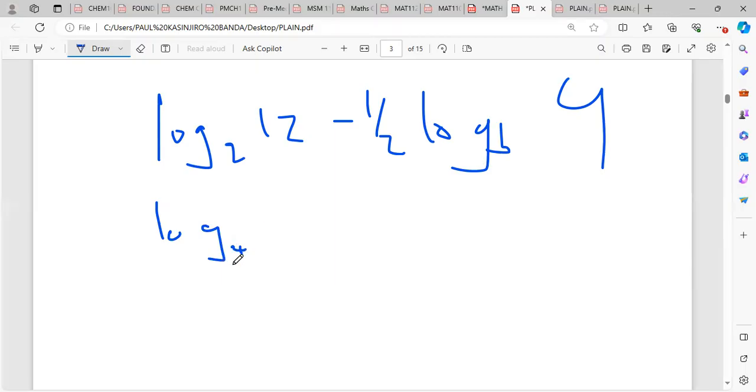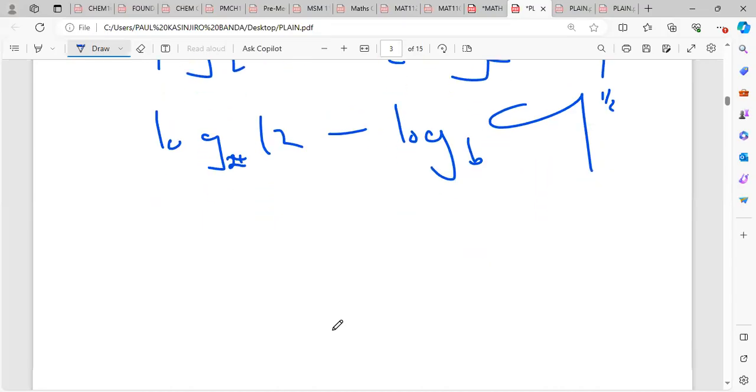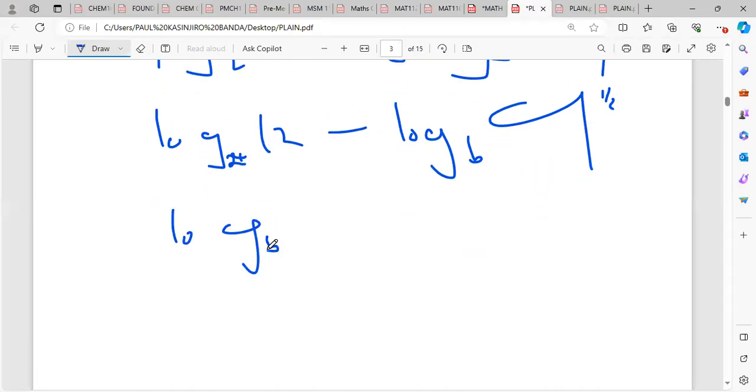I can see that this half can be raised to become the power of 9. So it will be minus log base 2 of 9 to the power half. And we said anything raised to the power half is the same as a square root.